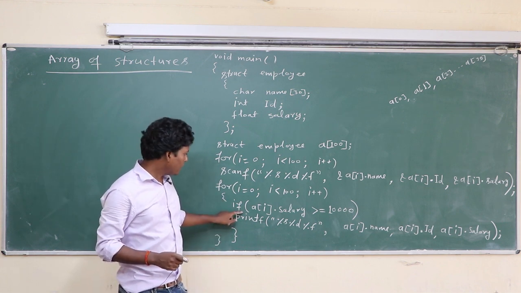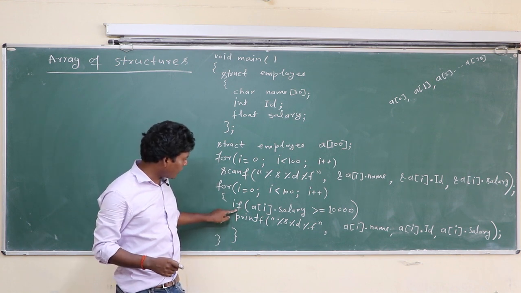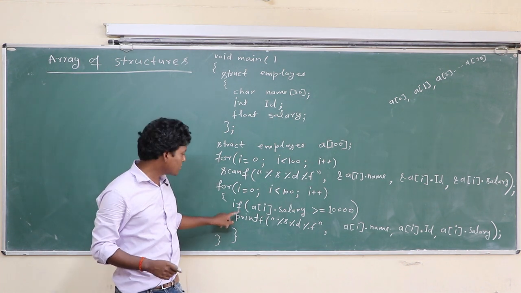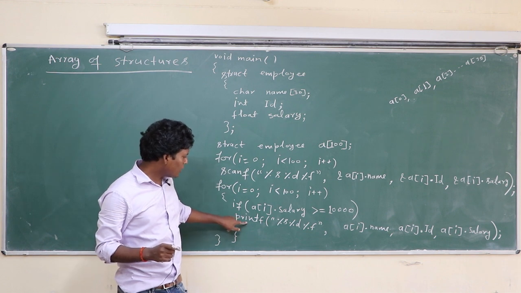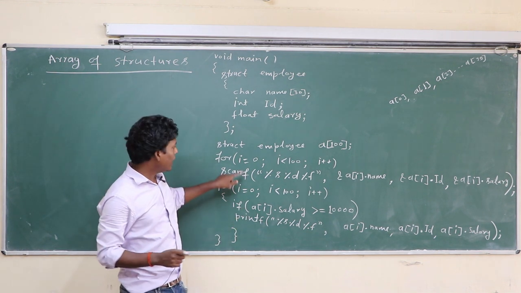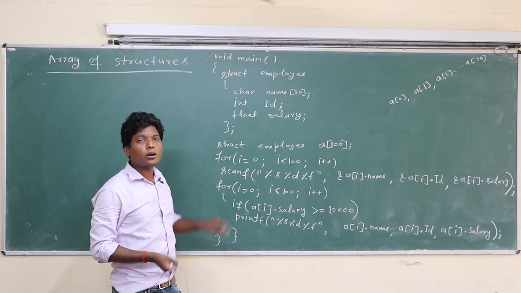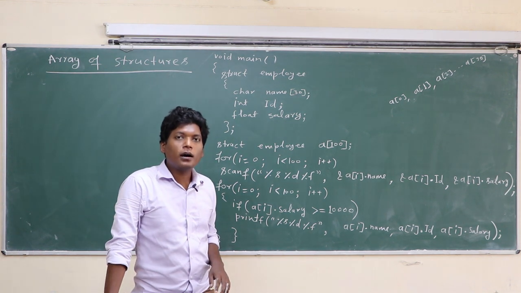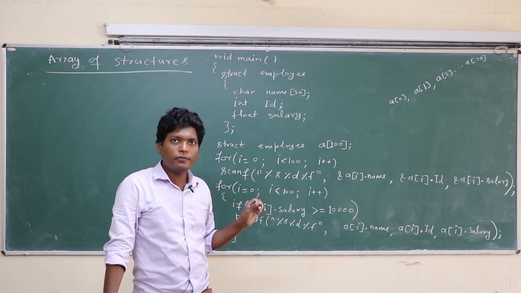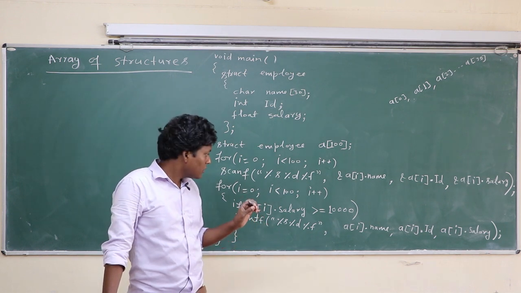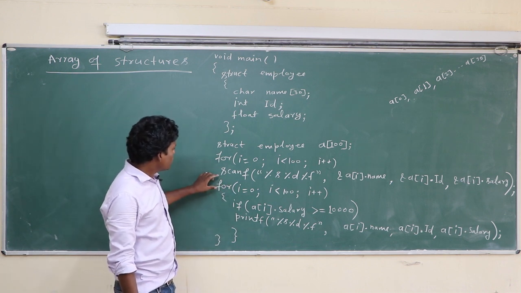Here, if there are no curly brackets you can write them also, but the scope of if is a single line, that's why this printf is within the scope of if. This is within the scope of this for loop, because the scope of all loops and if else is a single line.